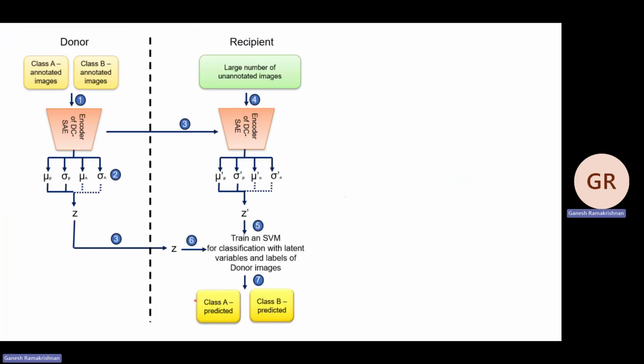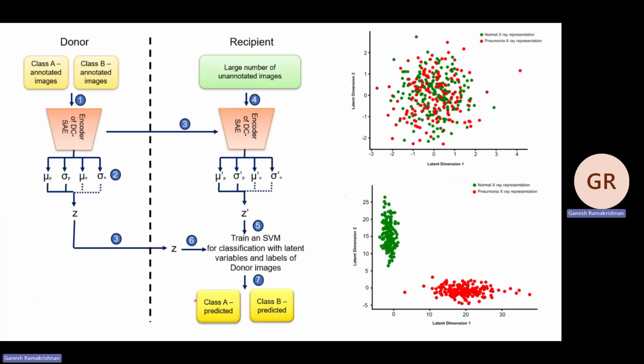What I pointed out last time is that you can actually learn a good separation of normal versus pneumonia. The green is the normal, and it is a very good separation in a federated setting where the hospitals are not really sharing data with each other, but in some federation the representations are shared.